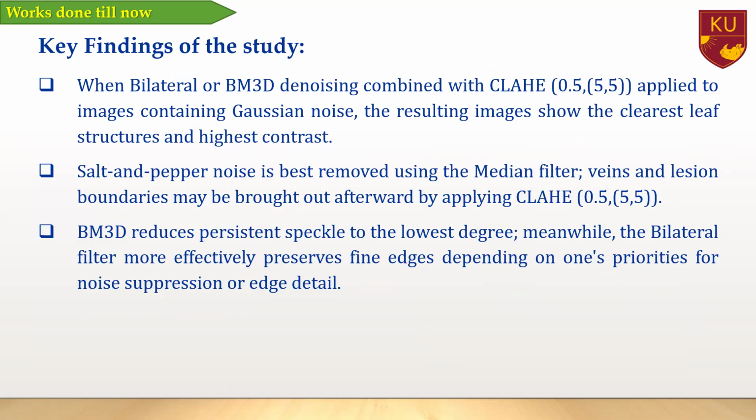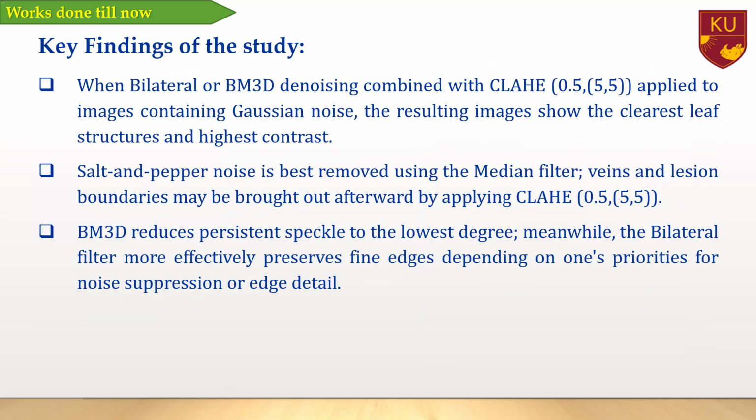Bilateral and BM3D denoising combined with CLAHE with 0.5 intensity and 5 by 5 tile size gave better results for removing Gaussian noise, and salt noise is best removed using the median filter with CLAHE 0.5, 5 by 5.